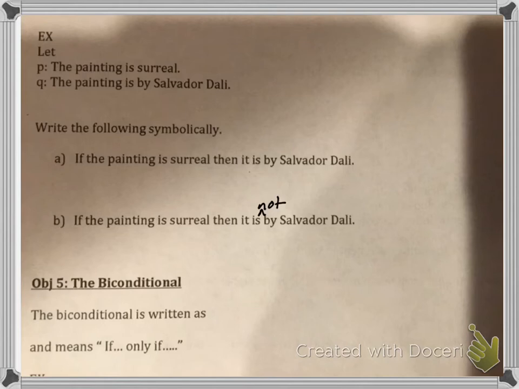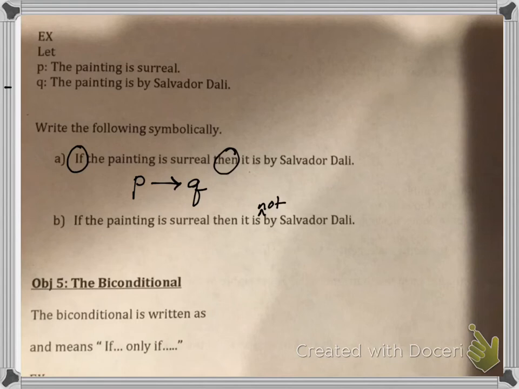So if I want to write this up symbolically, I have the word if and then. That tells me that it's a conditional. The painting is surreal is P. So the symbol for if then is the arrow pointing to the right. And then Q is the painting is by Salvador Dali. So it's if P, then Q.